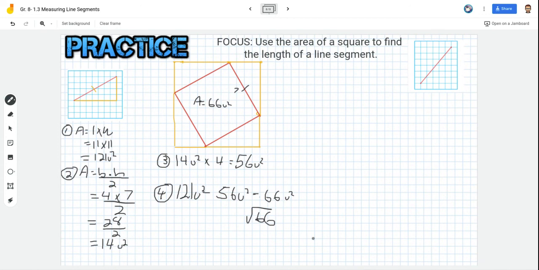Or I can take the decimal of this. When I take out my calculator and do the square root, it becomes 8.12. Or if I'm going to round it to 8.1 units, and that is the length of one side, or the length of this line segment.